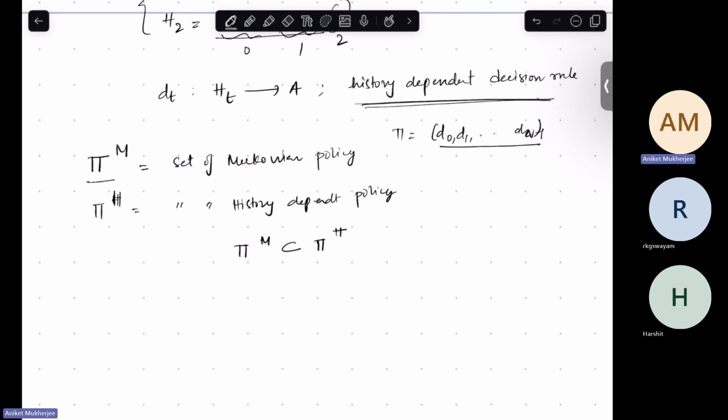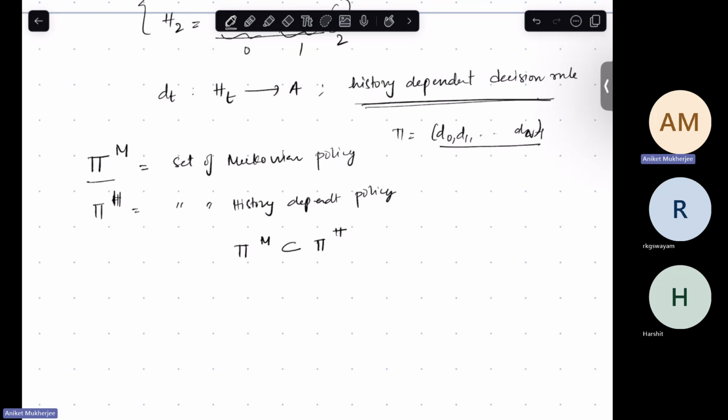The subset relation we have written, the set of Markovian policies is a subset of the set of history dependent policies, means that under some assumptions, which we'll discuss later, the optimal policy, even if you search among history dependent policies, falls under Markovian policies. You don't need to look at history dependent policies at all, right? Those kinds of things come up, but we'll discuss that later.